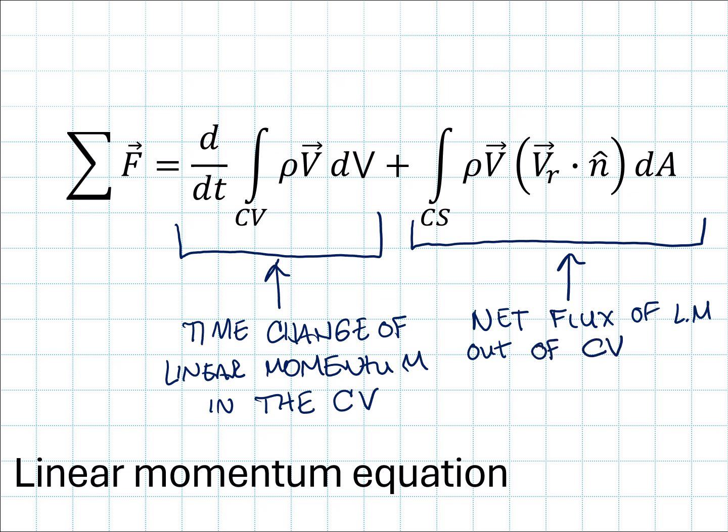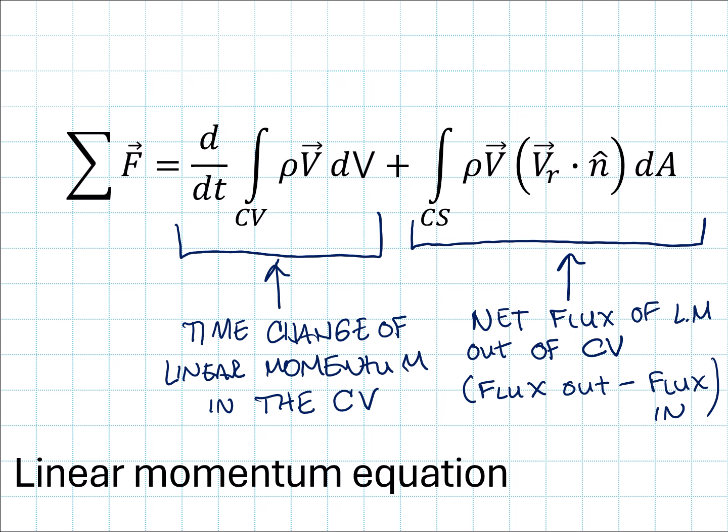So another way of saying this is that it's like flux out minus flux in. So as mass is fluxing in and out of the control volume, moving at some speed and carrying momentum, over some time we can calculate that net flux out.